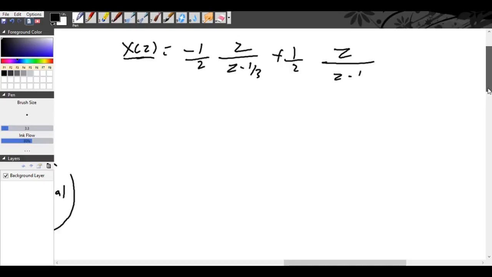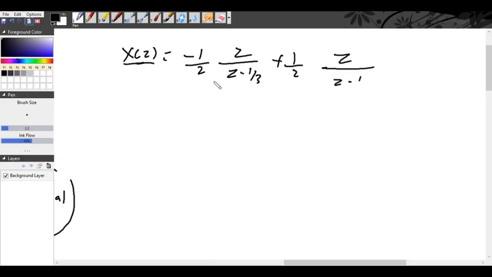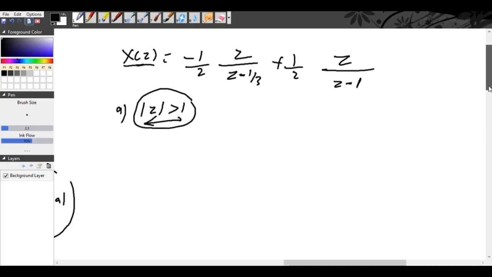So now, do not jump into taking the inverse z transform, because they have given three conditions actually. Condition number 1, modulus of z greater than 1, right? Even before applying the inverse z transform you have to consider this, otherwise the answer will surely be wrong.